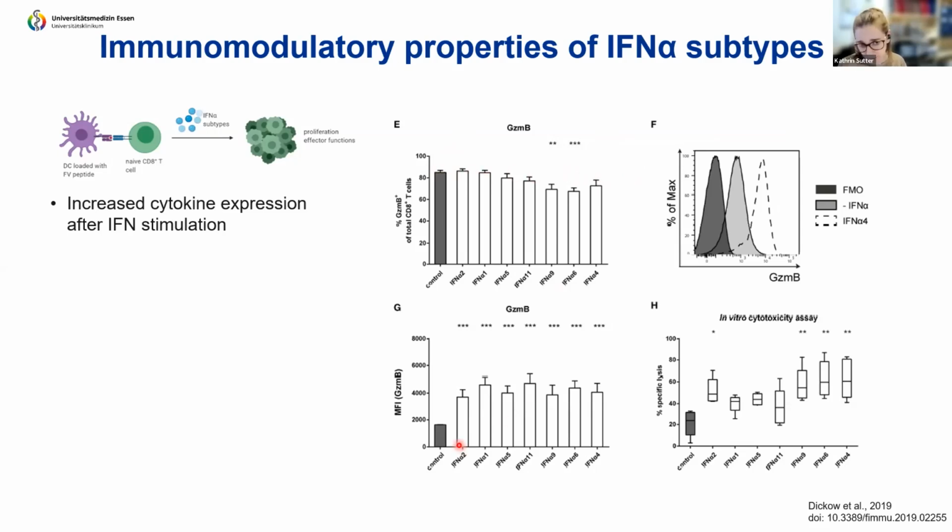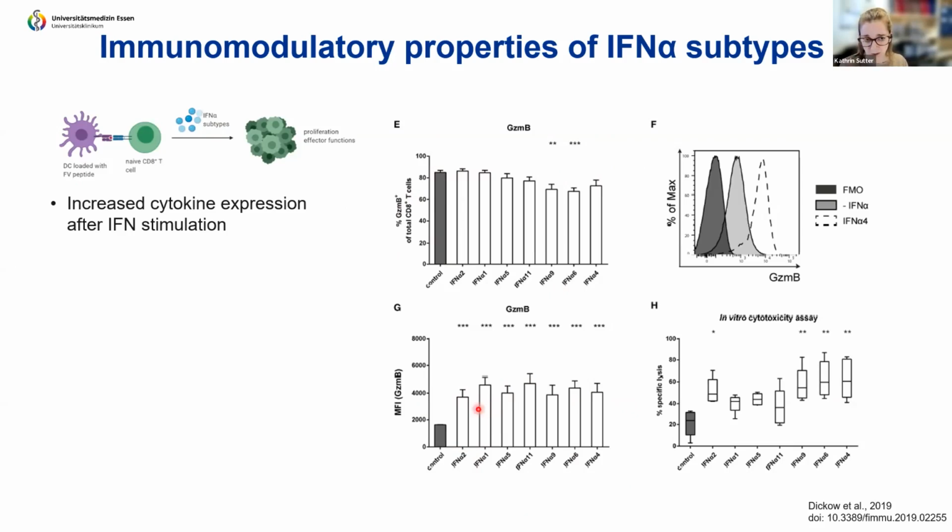However, if you look inside the cell, you really see that the interferons strongly increase the expression of granzyme B, which was much, much lower compared to those cells which haven't seen interferon. This means that the stimulation, this co-culture, which is also shown here, induces granzyme B expression in almost all cells. However, those cells which have seen interferon, they start to produce more granzyme.